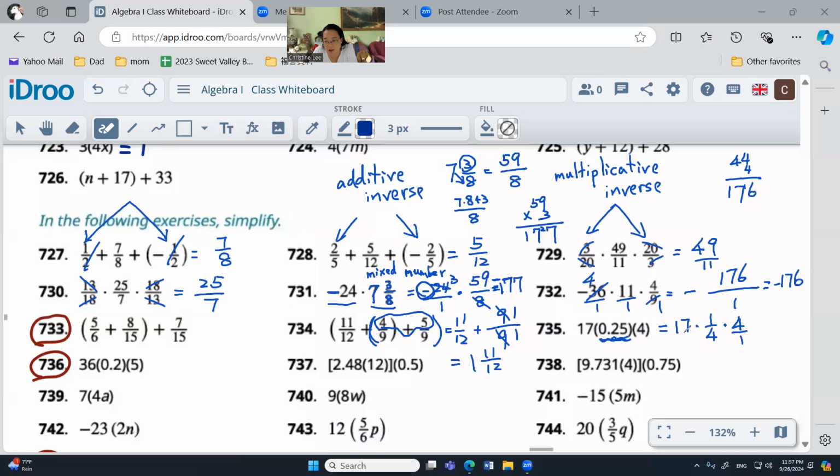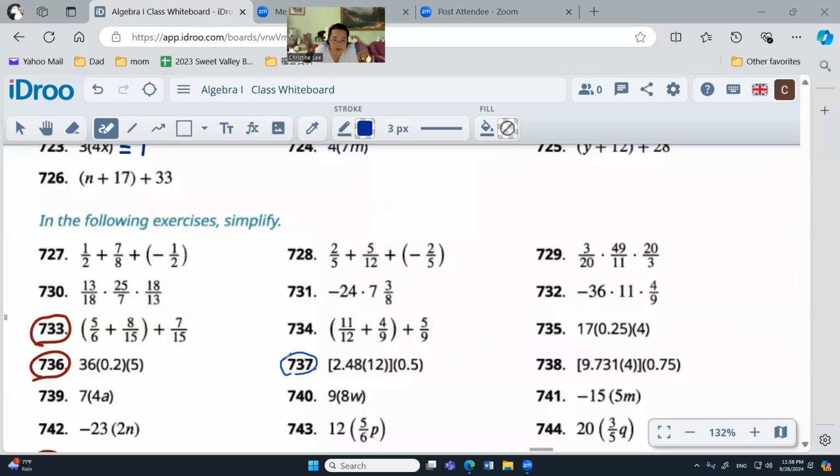Let's change everything to fraction. Bottom cancels with top. So what are these two called? They are called multiplicative inverse. So that's 17. Cancel, cancel. 7, 3, 7. 737.